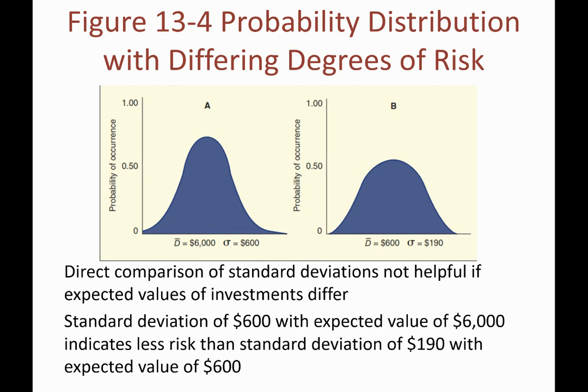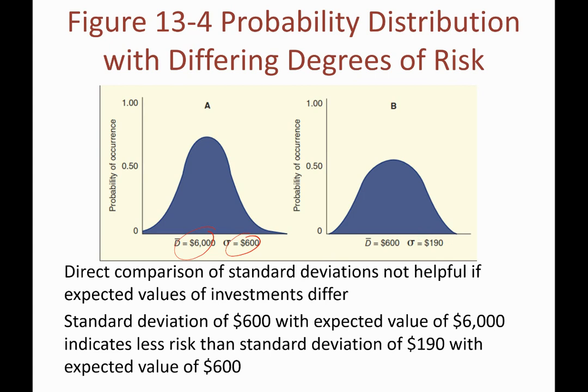So if we're thinking about different degrees of risk, in this example you can see that you have different standard deviations, but the expected values are also different. Here you have a standard deviation of 600, and the expected value is 6,000.